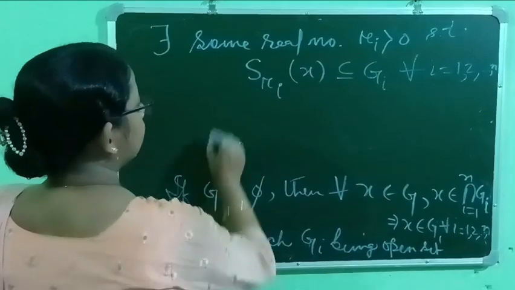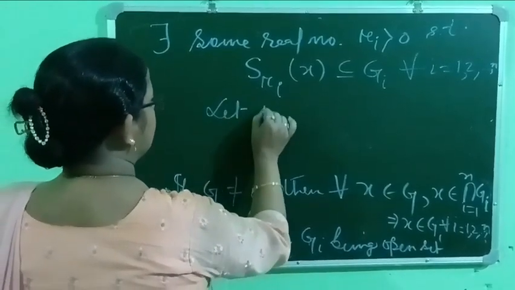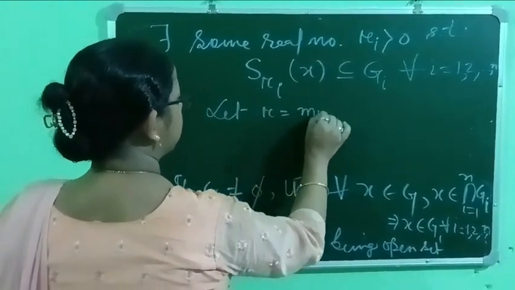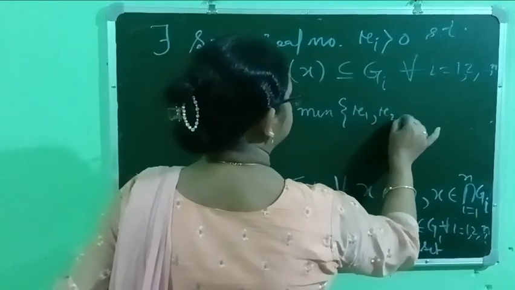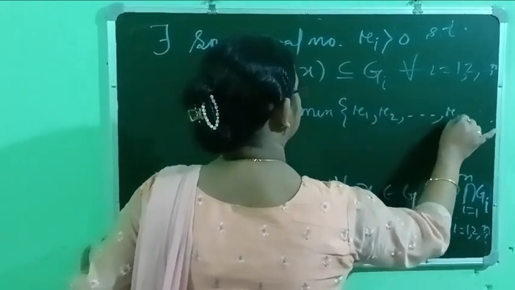Okay, let r be the minimum of these r1, r2, up to rn.